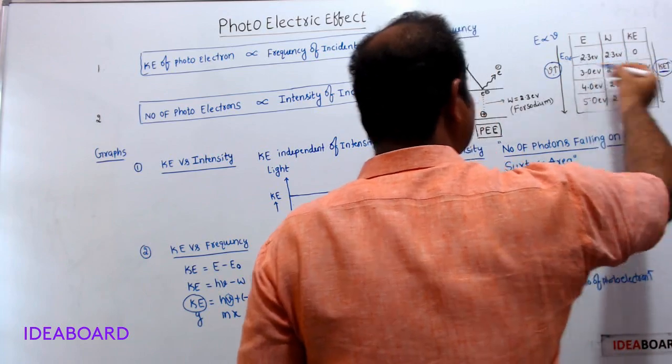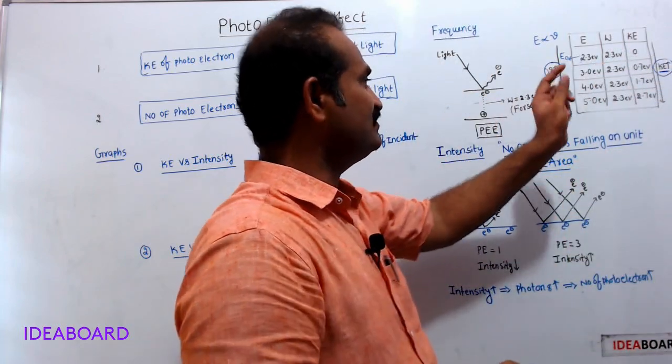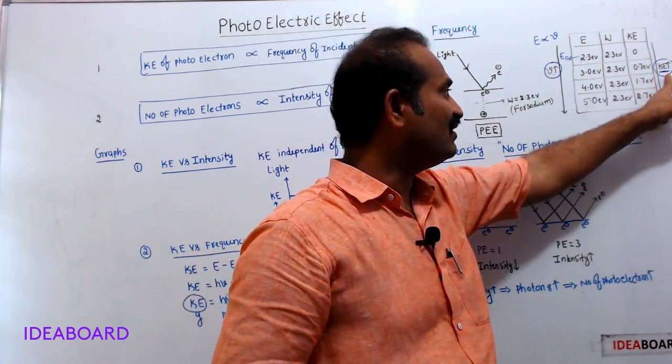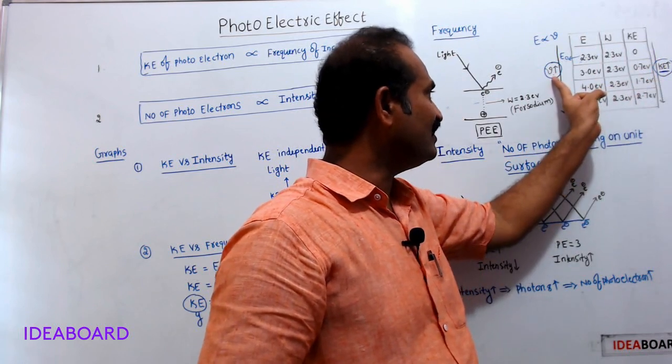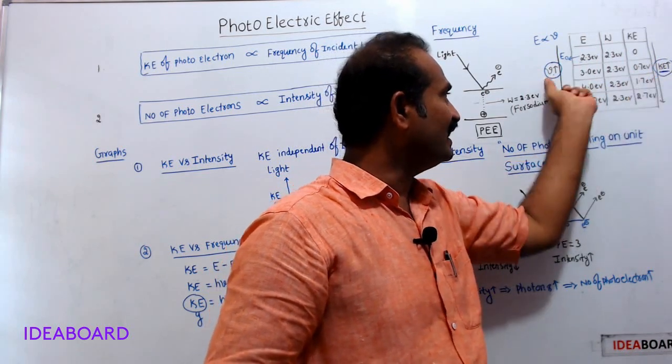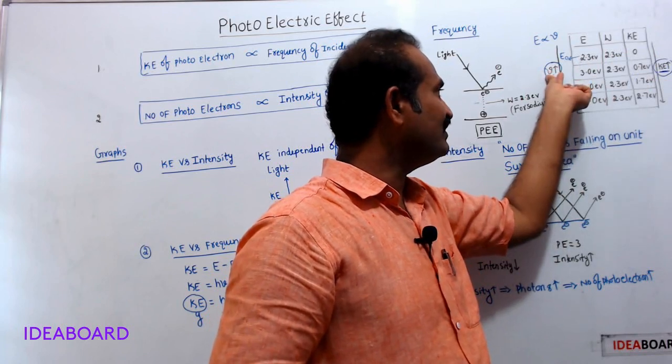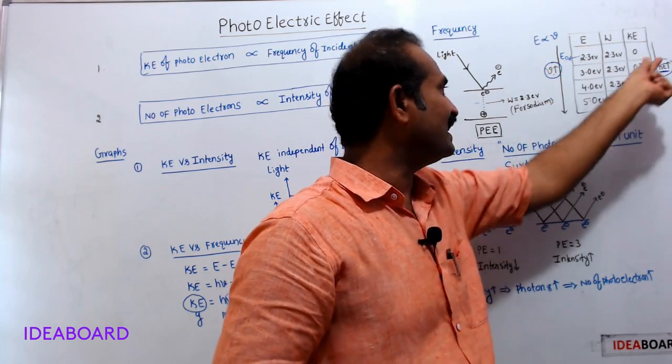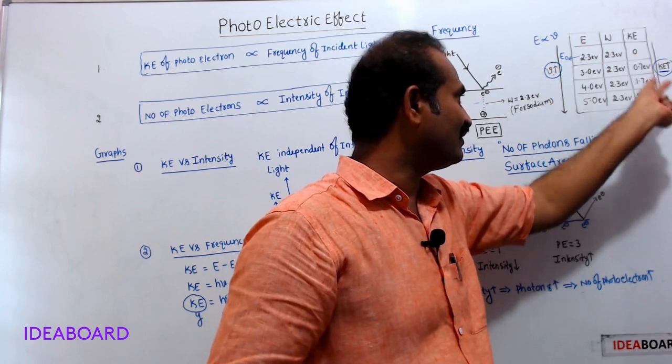This also increases. Therefore, what is the relation between the kinetic energy of the photoelectron and the frequency of the incident photon? It is directly proportional.